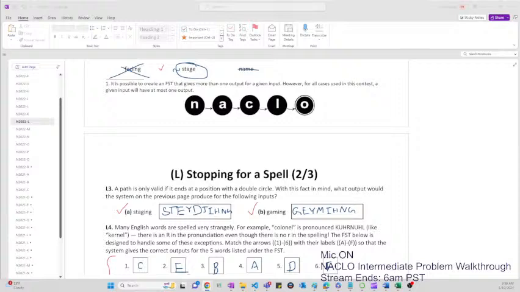Okay, let's see. I'm gonna search for stopping. Stopping for a spell. Huh. No one's really asking about it. Honestly, not many people have been on the NACLO subreddit lately.